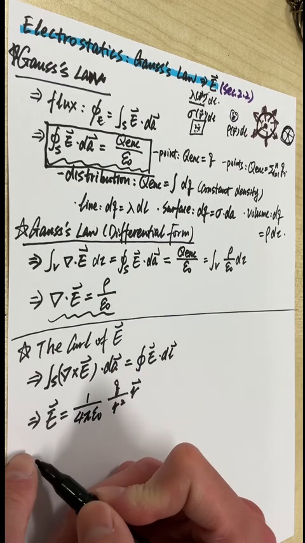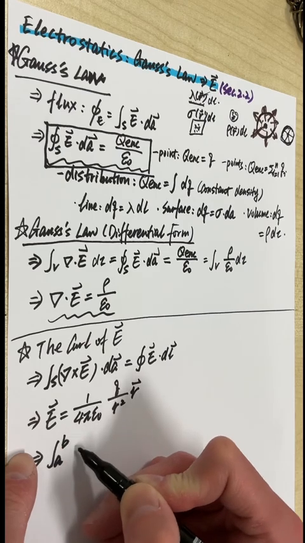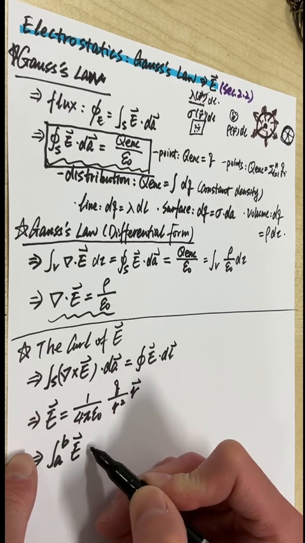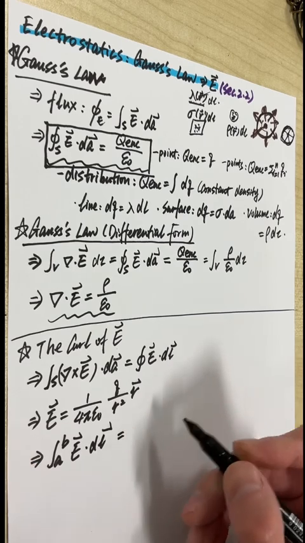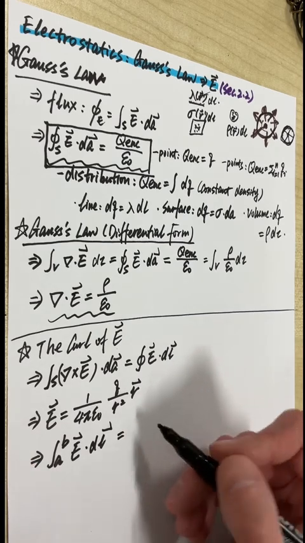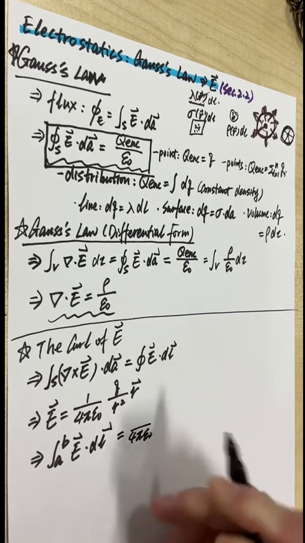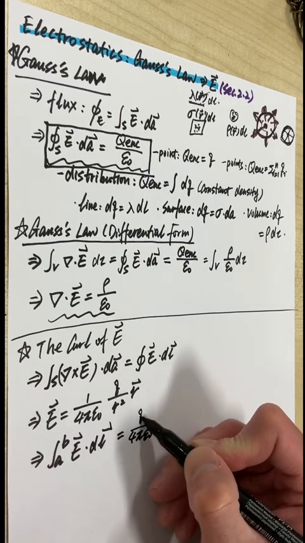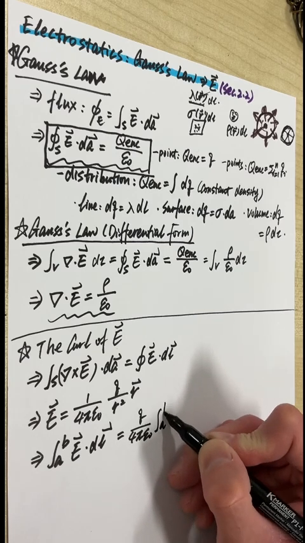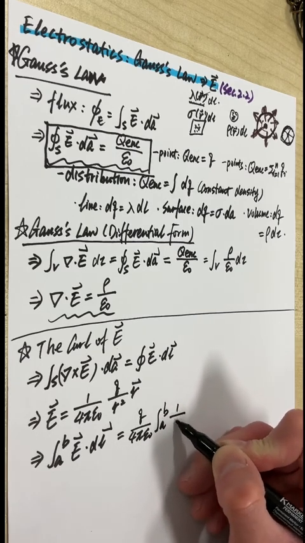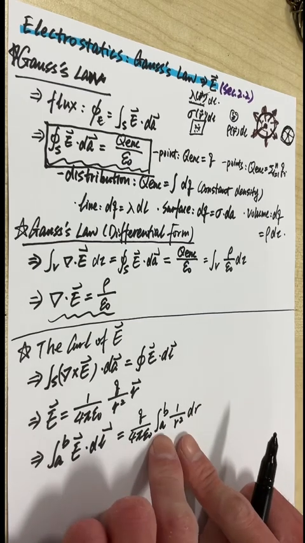Now the line integral from point A to B: we have 4 pi epsilon 0, which is constant, and Q, which is also a constant, and then the line integral from A to B of 1 over R square dr. This is quite simple.